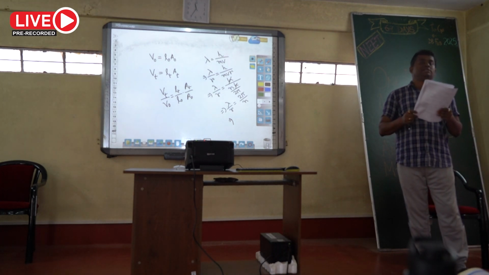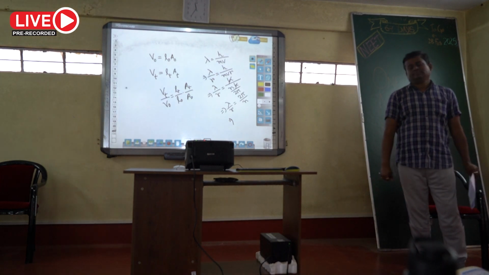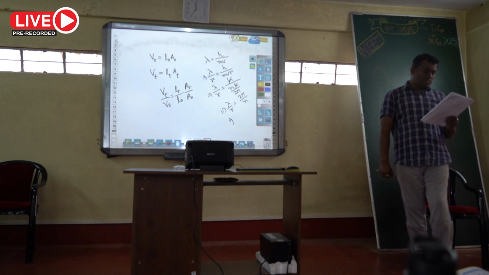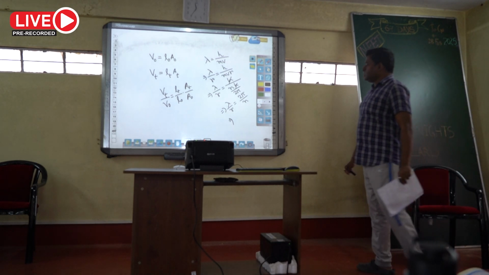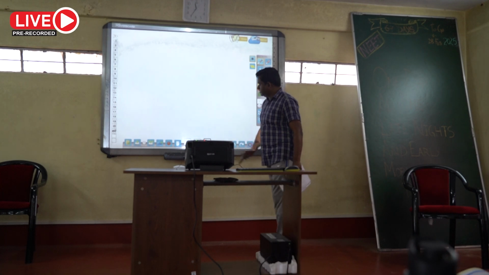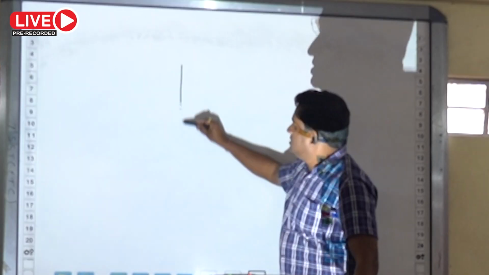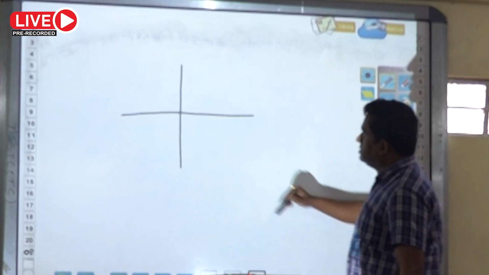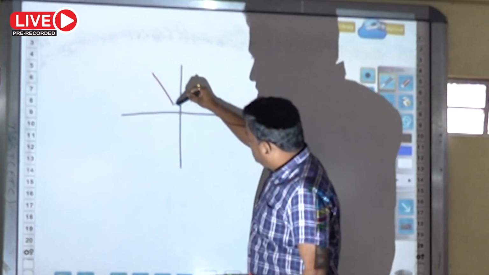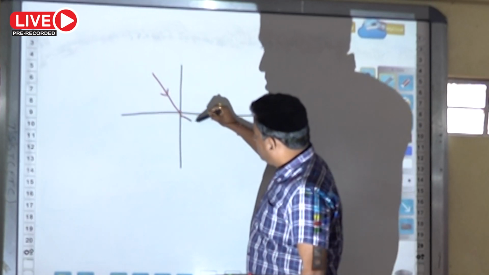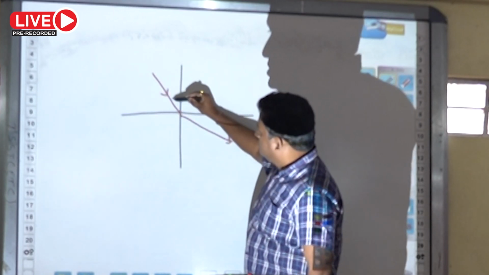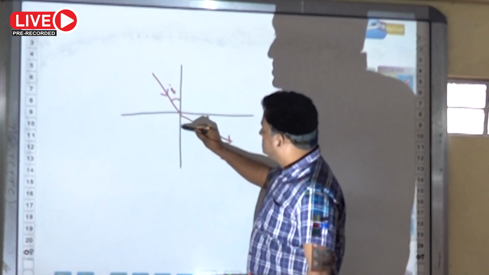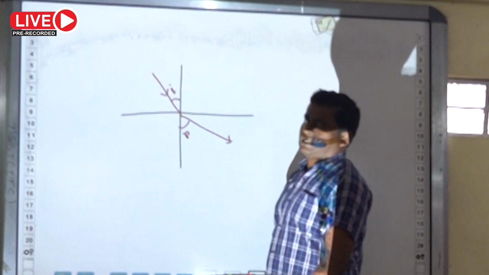Then question number 84. Let us consider the light is falling here. Then the angle of incidence is this one, and this is the angle of refraction.